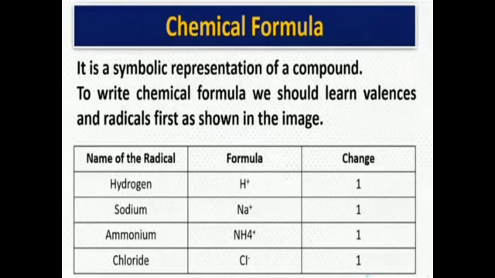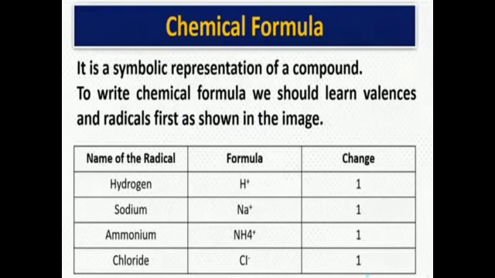How that works we will see, and to write a chemical formula we should learn valencies and radicals first. So first you should know the radicals and the valencies, then only will you be able to write a chemical formula. There are some rules for writing a chemical formula. Before we move further, let's discuss these rules.